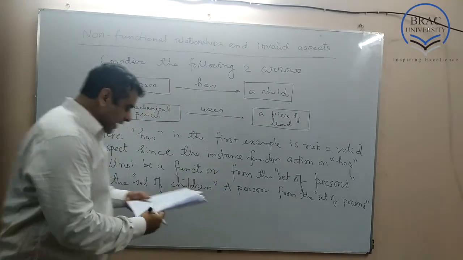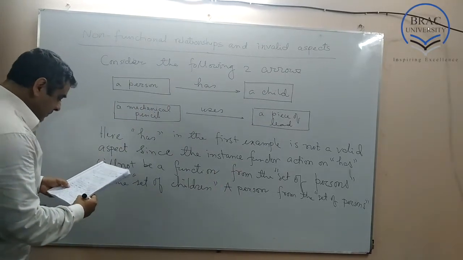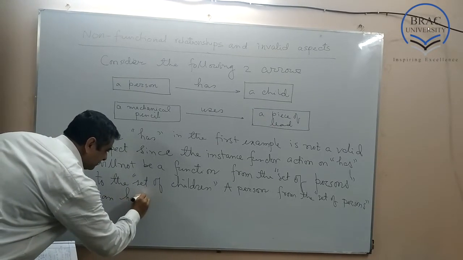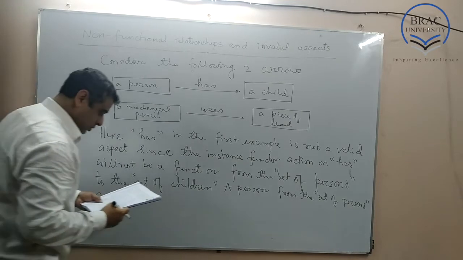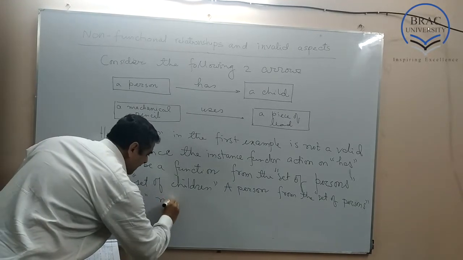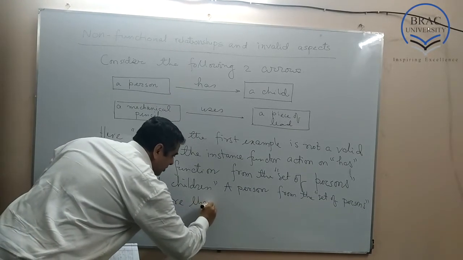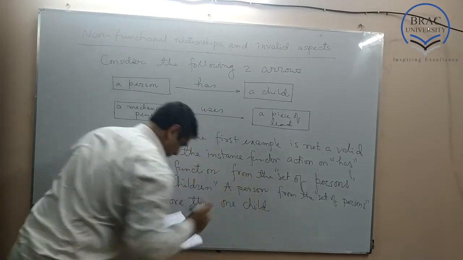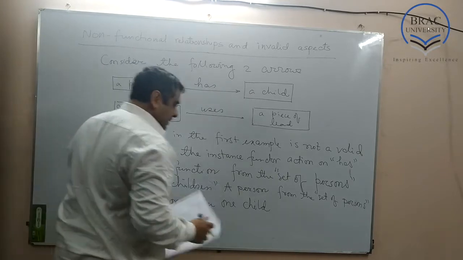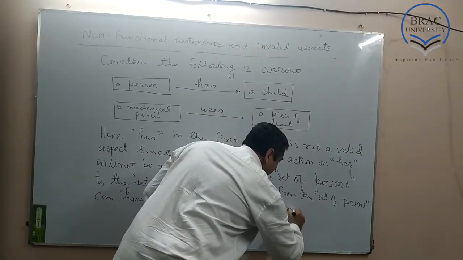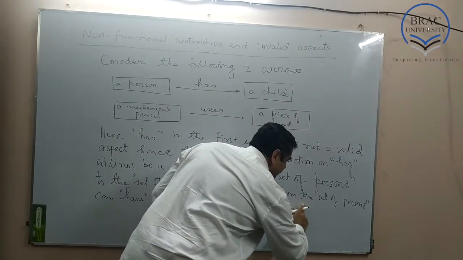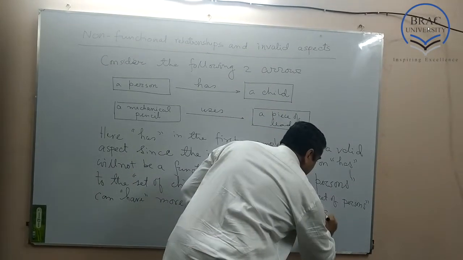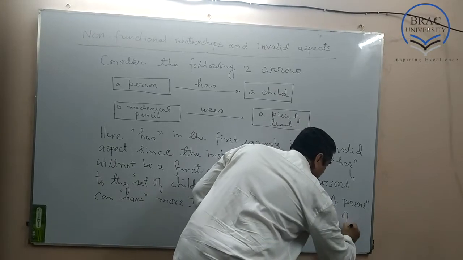A person from the set of persons can have more than one child from the set of children.